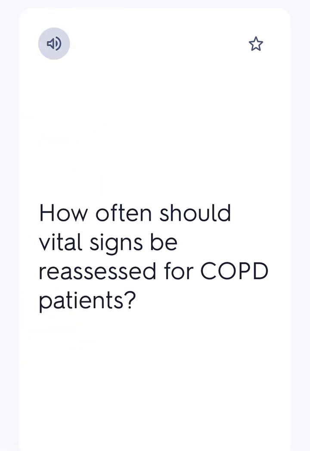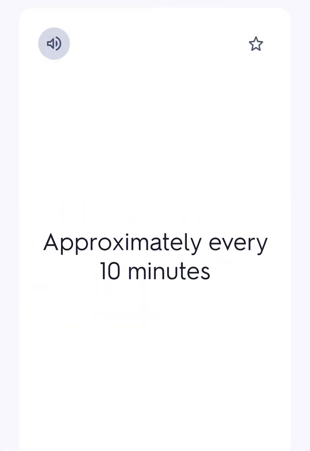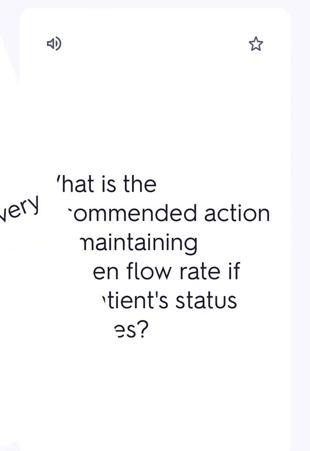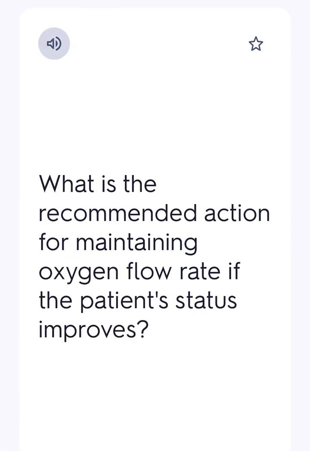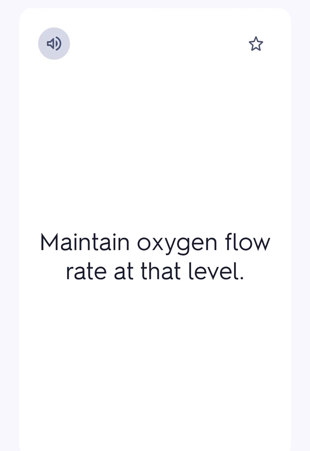How often should vital signs be reassessed for COPD patients? Approximately every 10 minutes. What is the recommended action for maintaining oxygen flow rate if the patient's status improves? Maintain oxygen flow rate at that level.